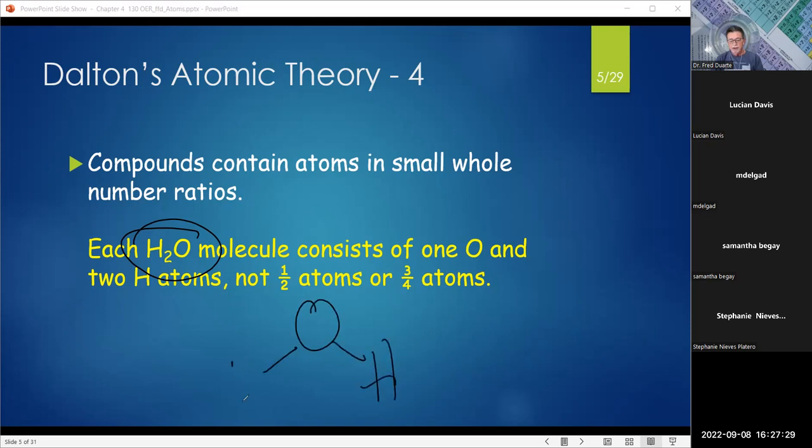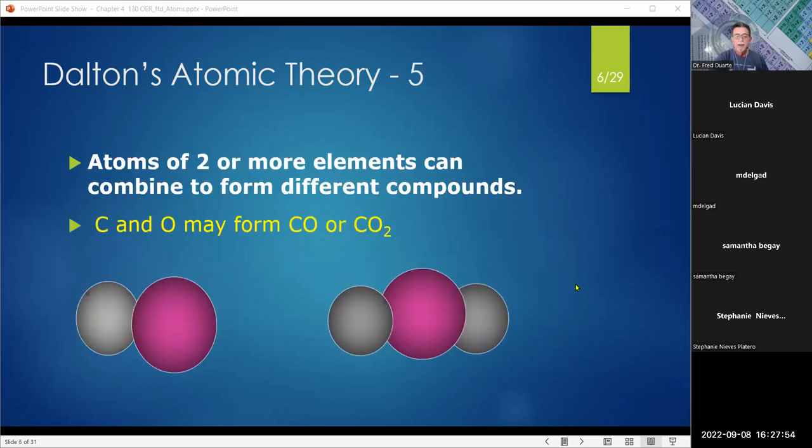The oxygen happens to be the central atom, and the hydrogens are bonded to the central atom, represented by this line here that represents a bond between the oxygen and the hydrogen. So they come together in whole ratios, whole numbers.